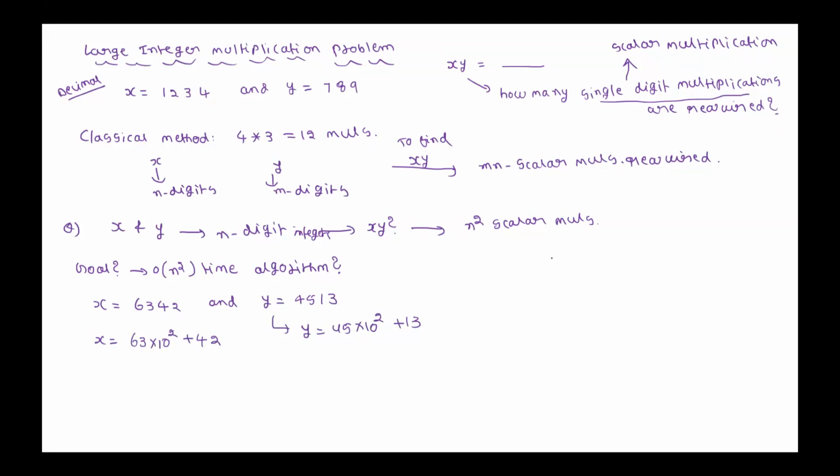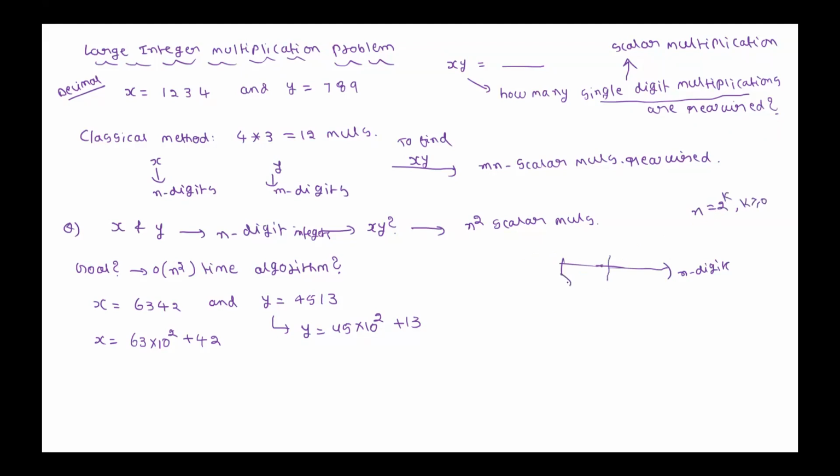So in general, if x has total n digits, assume that n is of the form 2 power k, so that if I divide, it always divides with remainder 0.